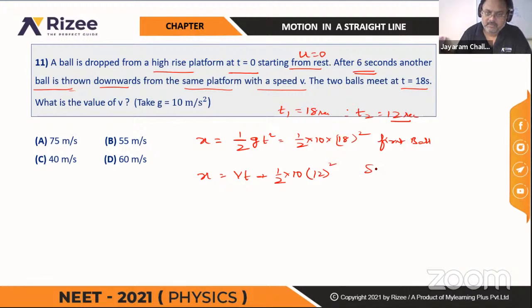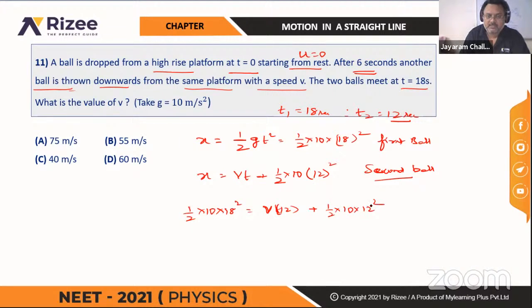Since both of them are going to be the same, equate them. So half into 10 into 18 square is equal to V into 12, plus half into 10 into 12 square.